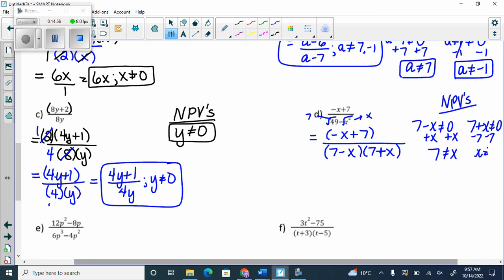And I'm going to get x can't equal negative 7. So I could say x can't equal plus or minus 7. And when you use the difference of squares and you separate it, you're always going to get two NPVs, one's a plus and one's a minus. Okay, now, can I cancel anything off?